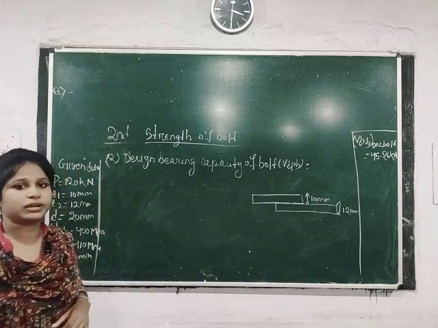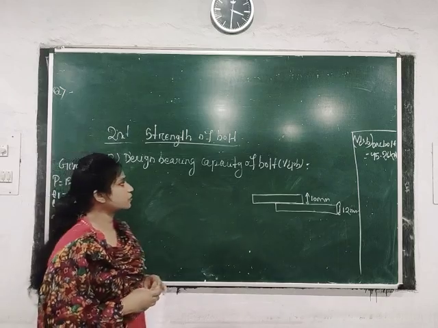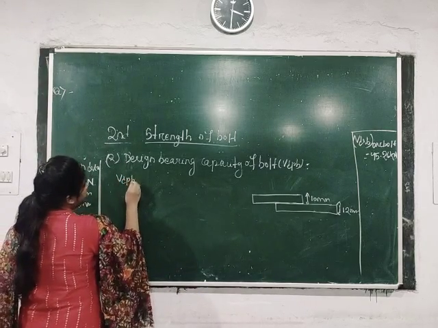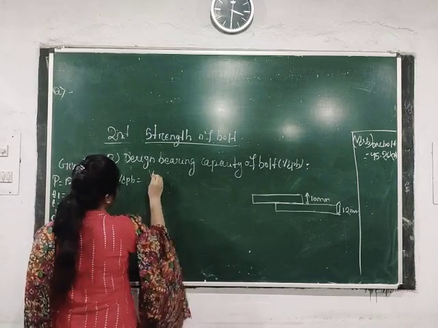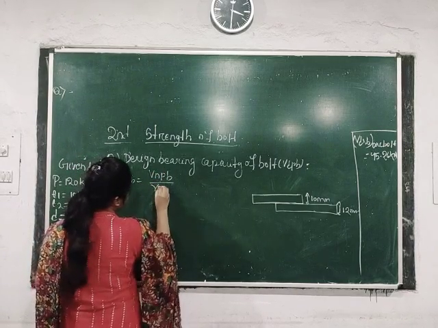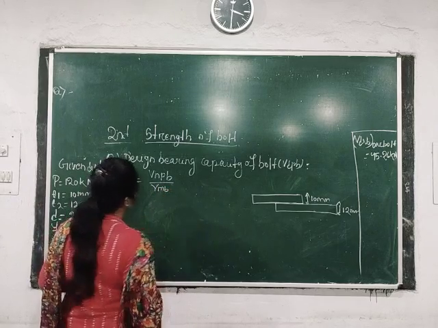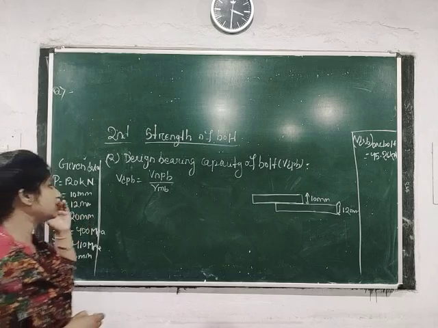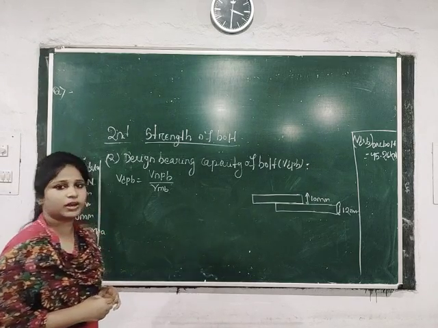So next we will calculate the design bearing capacity of bolt. Okay. So the design bearing capacity of bolt can be calculated by nominal bearing capacity of bolt and partial factor of safety for the bolt, and this value is 1.25, and this value you can get from table number 5.